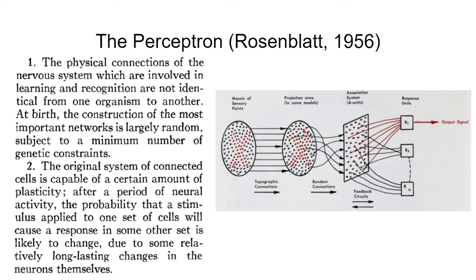Then you've got this other group of neurons over here, what they call the association system. We'll just call it another group of neurons. So these are going to be our inputs over here, and we've got a bunch of neurons here. What we're going to do is randomly connect these inputs to these neurons.